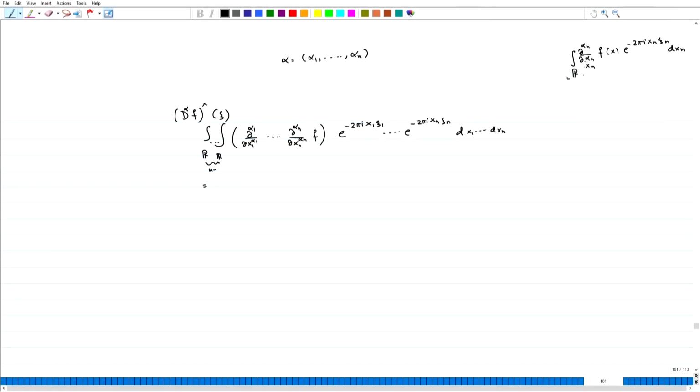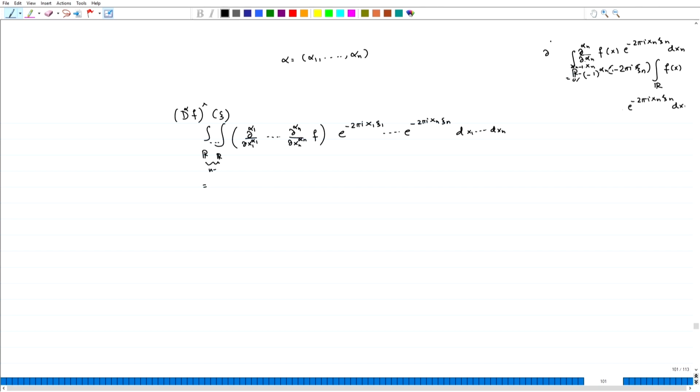So, this one is going to be minus 1 to the power alpha_n, with the repeated factor of minus 2 pi i xi_n, and then the integral over R of f(x) dx_n is going to remain over there.